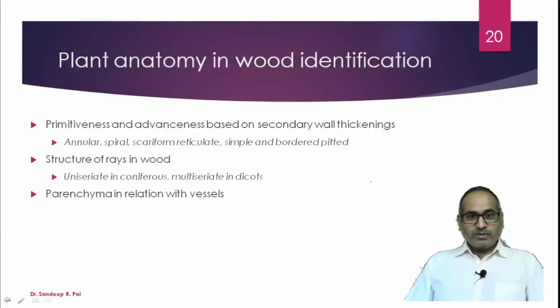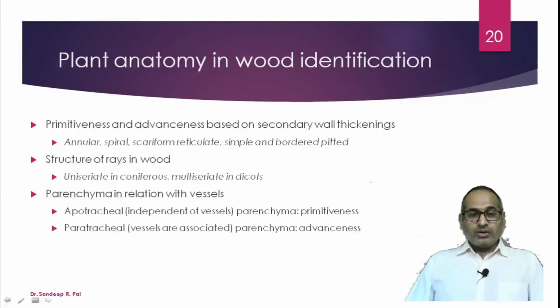The next point is parenchyma in relation to vessels: apotracheal and paratracheal. Apo means independent and para means associated. Apotracheal parenchyma is a character for primitiveness. In primitive wood types or members of primitive families, you will see woods with apotracheal parenchyma, where the parenchyma is independent from vessels.